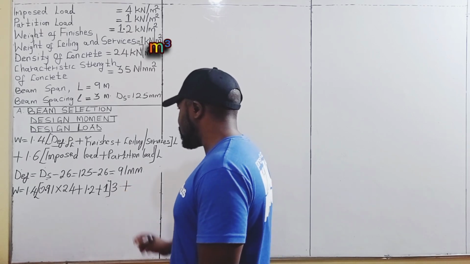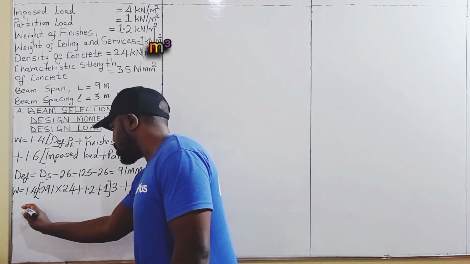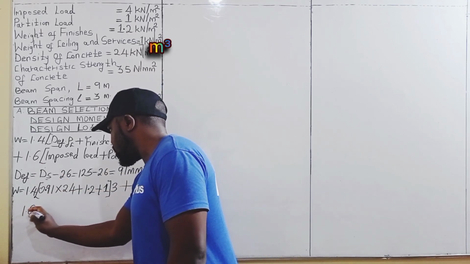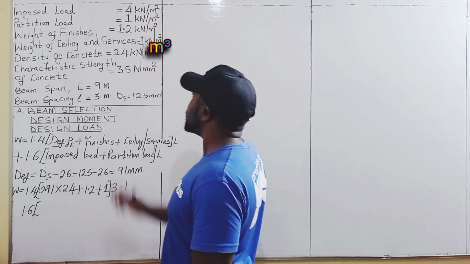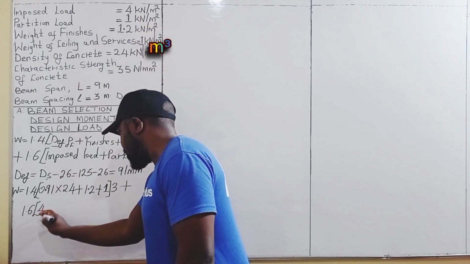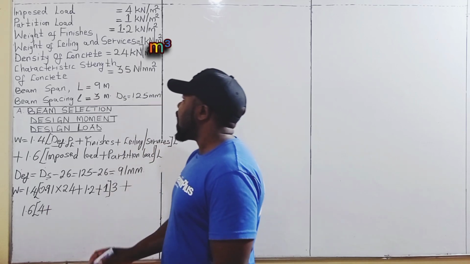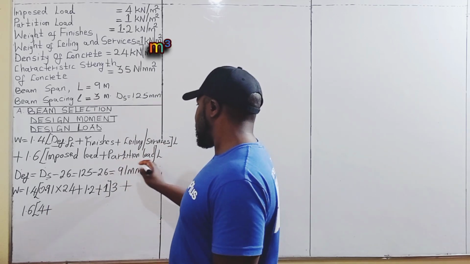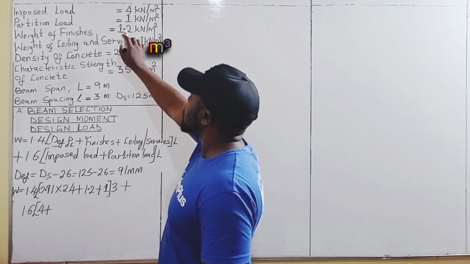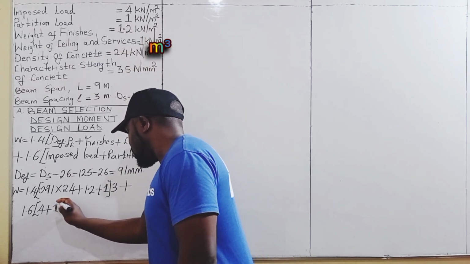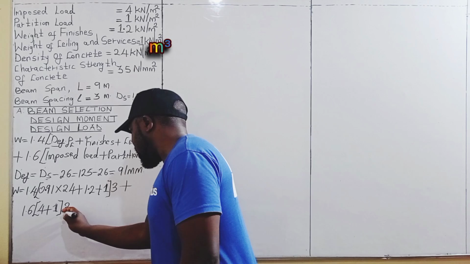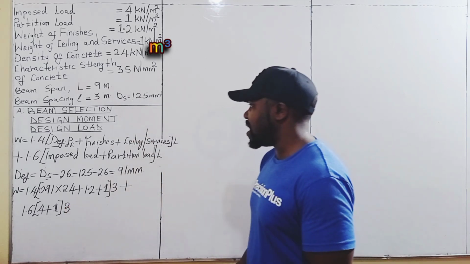This one we are going to add to 1.6 into the imposed load, which is 4 kilonewtons per square meter, plus the partition load, which is 1 kilonewton per square meter. And then we multiply by the beam spacing, which is 3 meters.